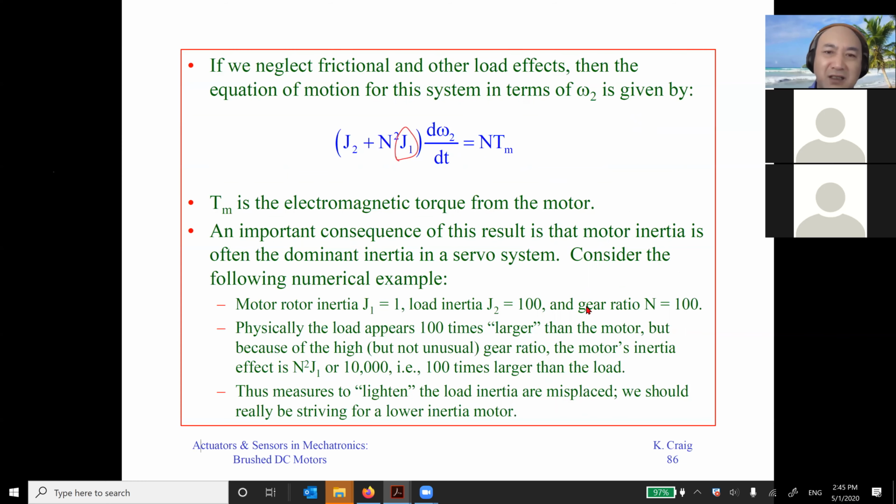Then you can see there's N squared in here, so this part you cannot ignore. That's why the motor moment of inertia will be counted on the load side by having N squared.